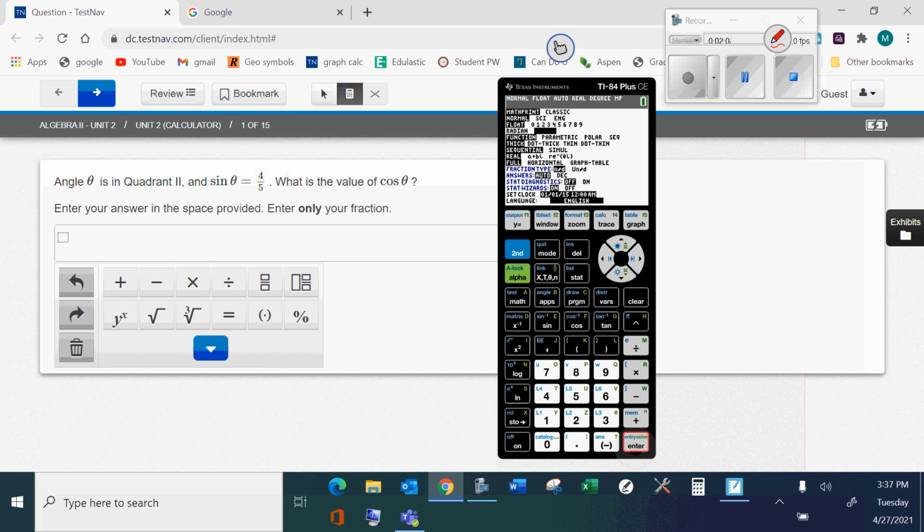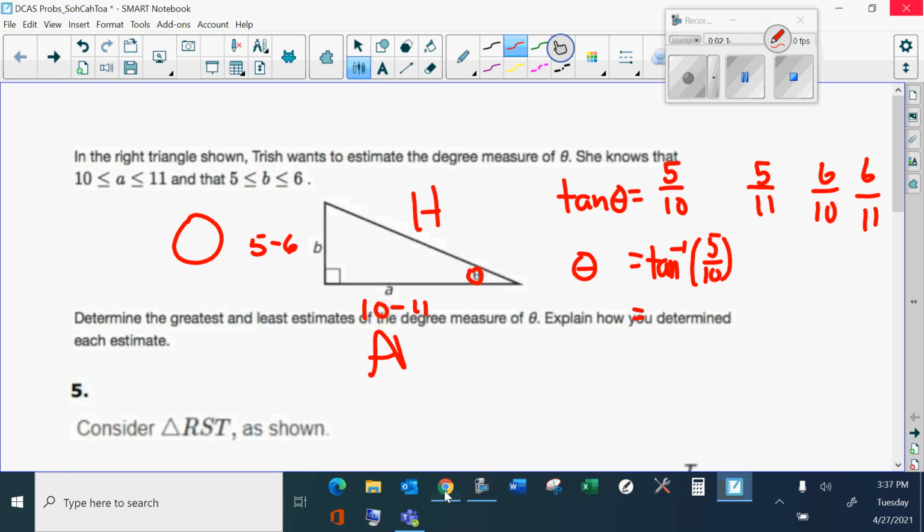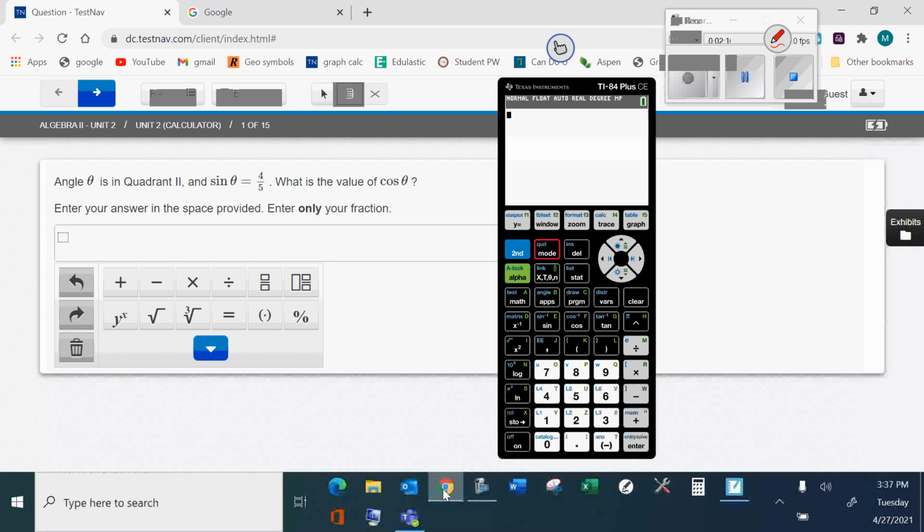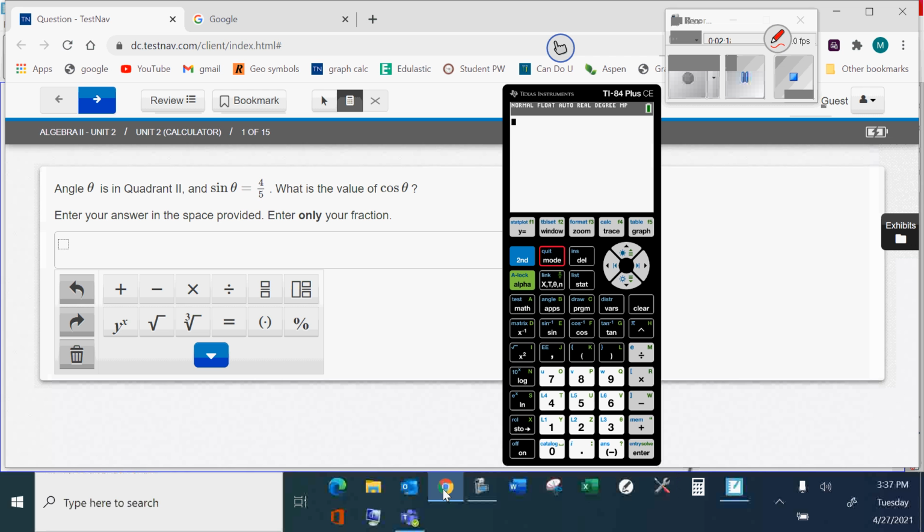Okay. Hit enter. So I can quit, go back to the main screen. Now I can go ahead and do those. So let's see if I can move this over here.